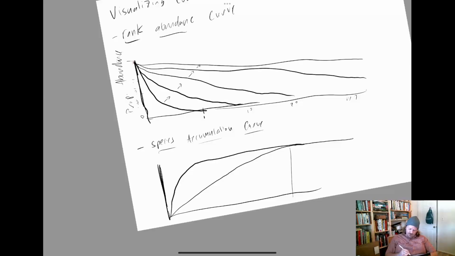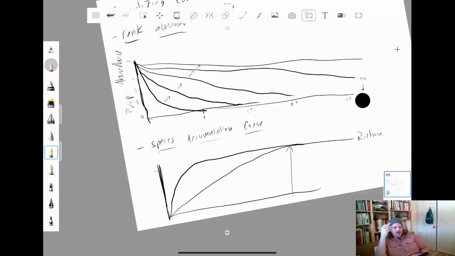So both of them reach the same asymptotic richness, right? We have the same number of species once we've fully sampled those communities. But in one of them, we get to that richness very quickly. In another, we get to that richness very slowly. Which one of those do you think has higher evenness? Take a second to imagine that.